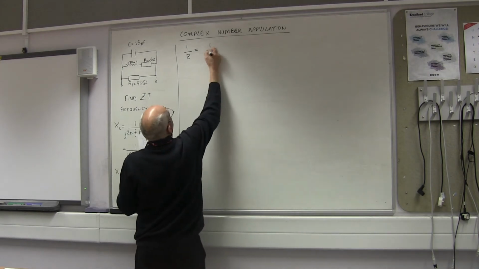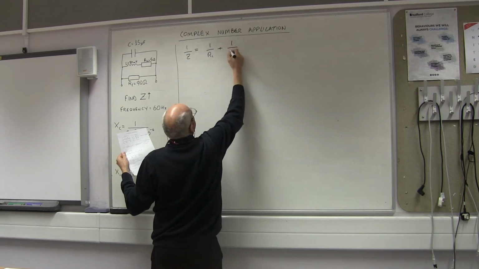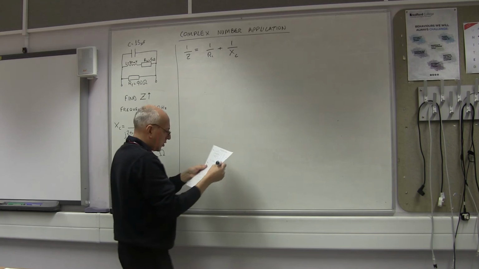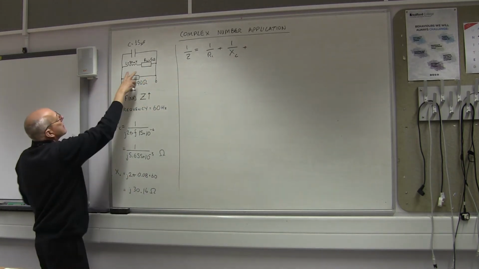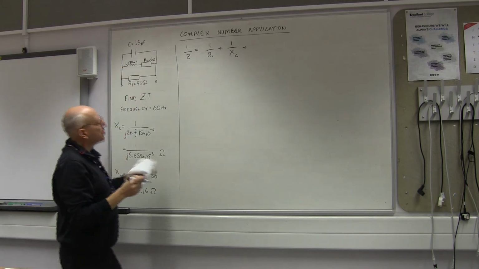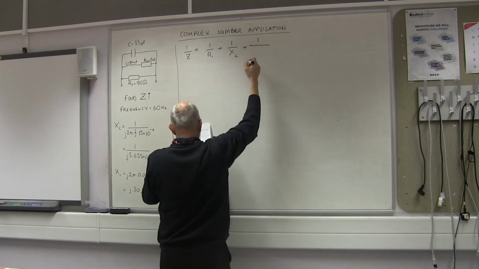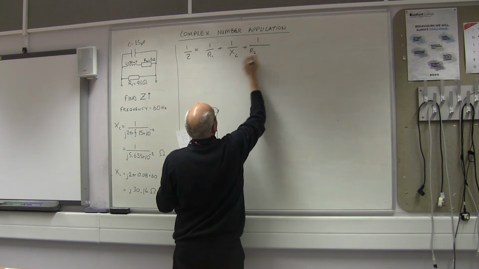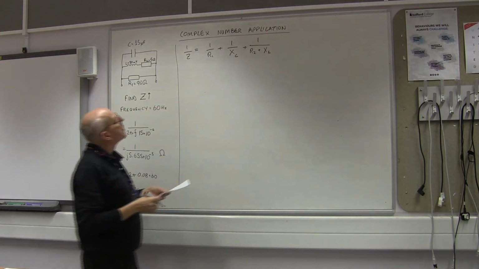So it's going to be 1 over R1, plus 1 over XC, which is that one there, plus 1 over the branch where R2 and XL are in series, so 1 over R2 plus XL. Okay, so that's the formula.